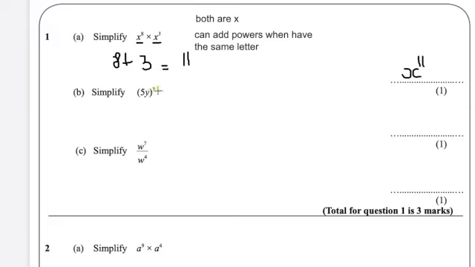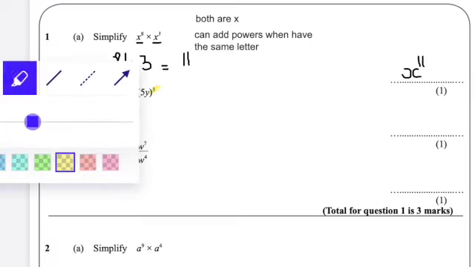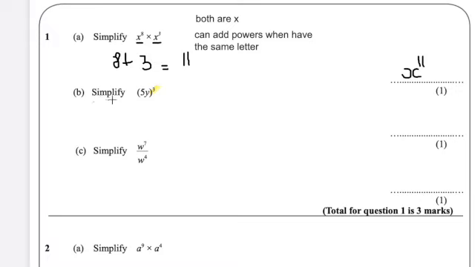For example, if it was 2 to the power of 3, it would be 2 times 2 times 2. But because it's 5y to the power of 3 and it's in brackets, that 3 belongs to the 5 and the y. If there were no brackets, it would just belong to the y, but it belongs to both of them. So you do 5y times 5y times 5y.